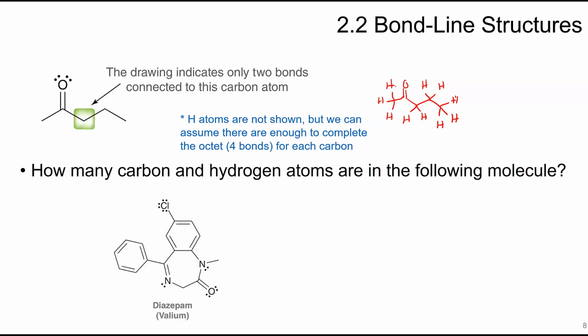So if we try to figure out how many carbon and hydrogen atoms are in the following molecule, this is the structure of Valium. So we'll go through here. 1, 2, 3, 4, 5, 6, 7, 8, 9, 10, 11, 12, 13, 14, 15, 16. So C16. Each of these carbons in this ring are making 3 bonds. There's 1, 2, 3. There's 1 room left for hydrogen.